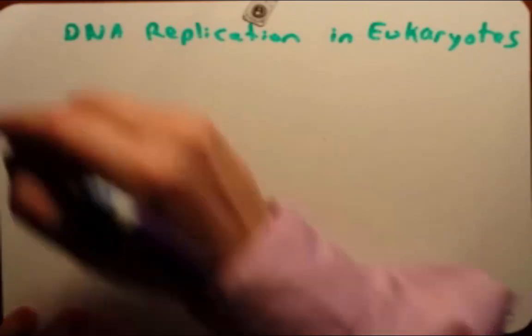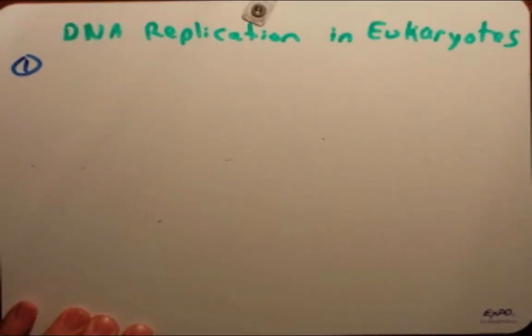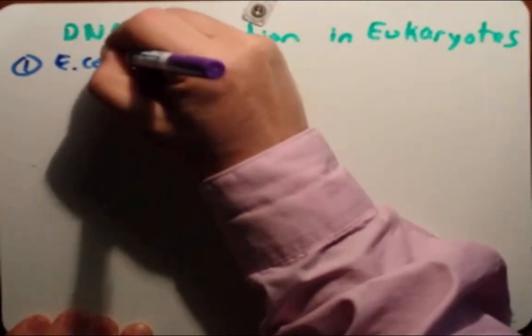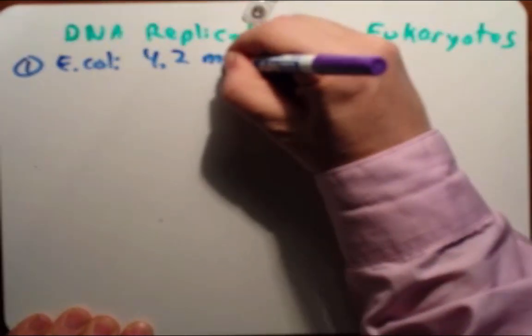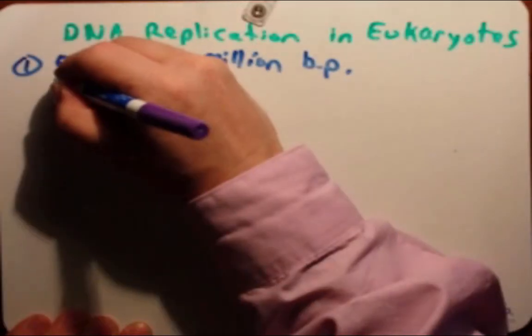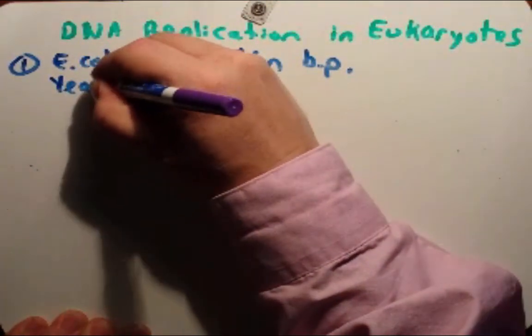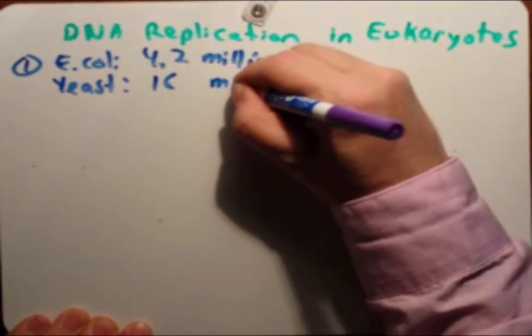One of the first problems, we can maybe number it here, the first problem is that there's a lot more DNA in a typical eukaryotic cell. E. coli has about 4.2 million base pairs. Yeast, which is a single-celled eukaryote, has 16 million base pairs, so it's 4 times as big.